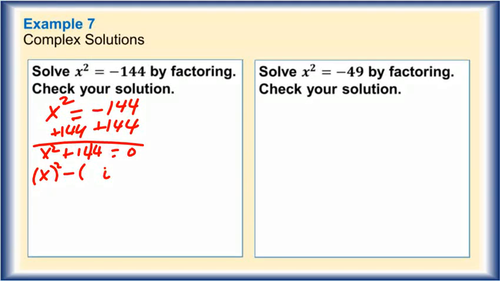So let me write this over here. If I had x squared minus a negative 144 equaling 0, I can write this as a difference of two squares.